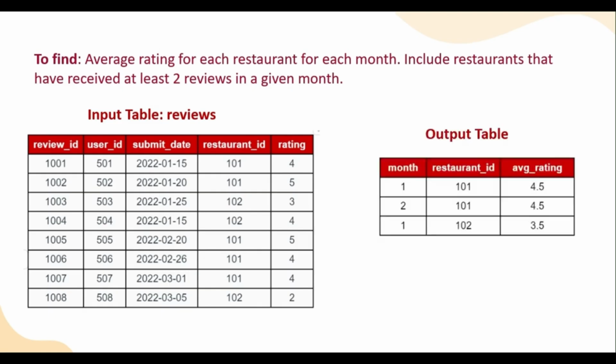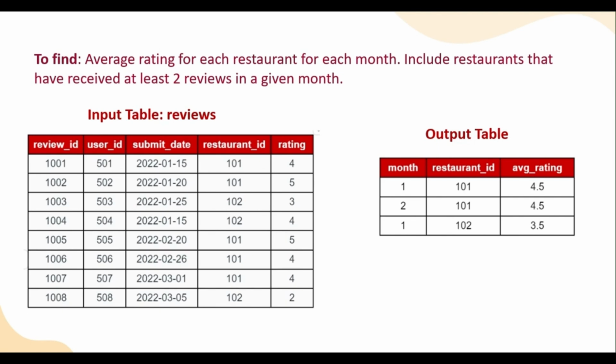It should have columns like month, restaurant ID, and the average rating. So basically you want to calculate the average rating for each combination of month and restaurant ID, given that it qualifies the condition of at least 2 reviews in a given month.